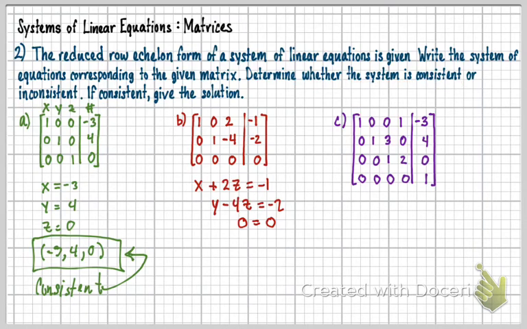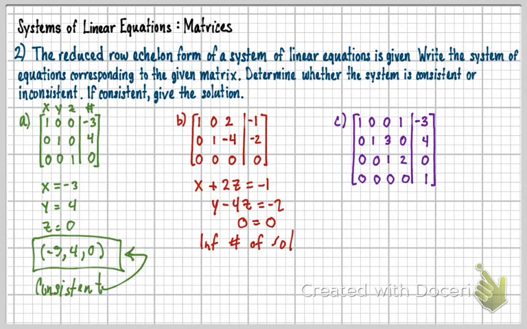And I would say consistent here, and then it says if consistent, give the solution. When I look at this, because 0 does equal 0 at the very last statement, I would say this is an infinite number of solutions. And that's as far as I'll go with this one for now.